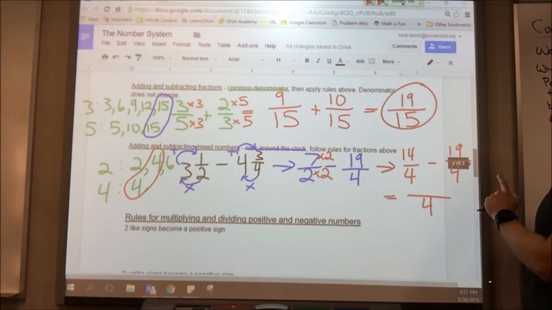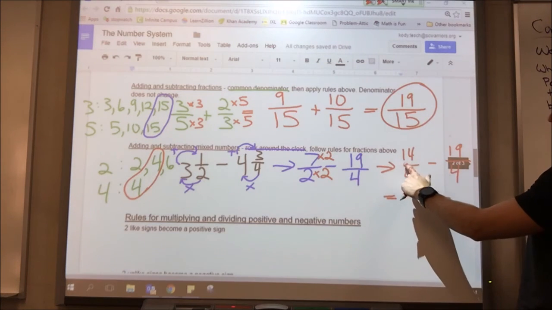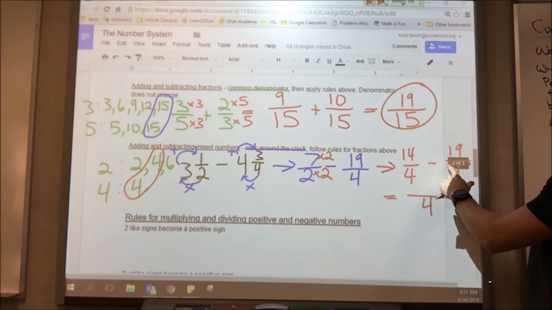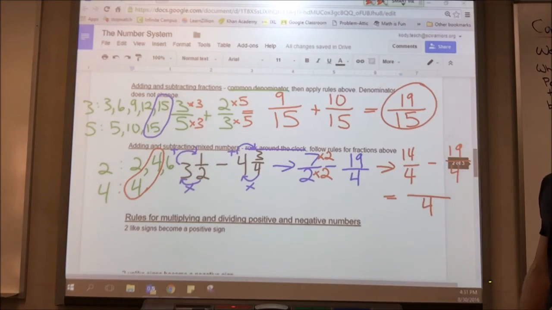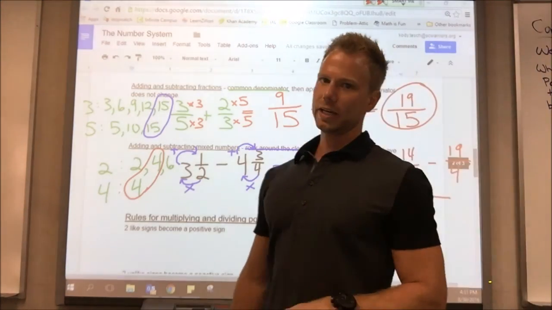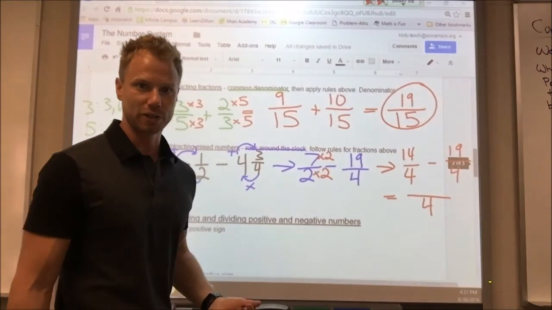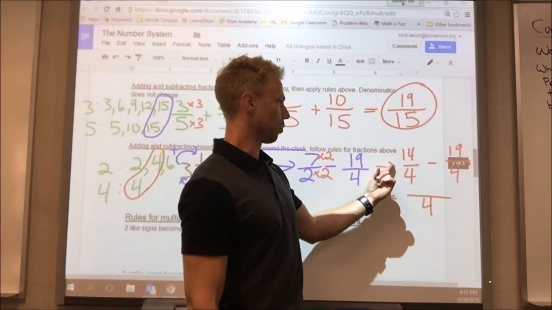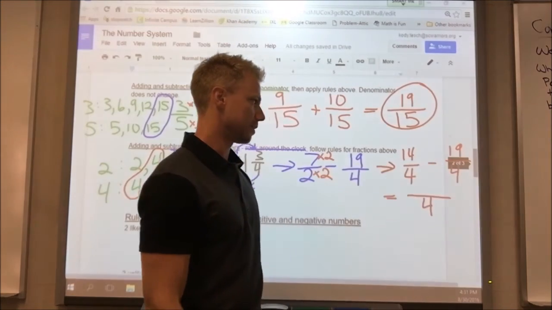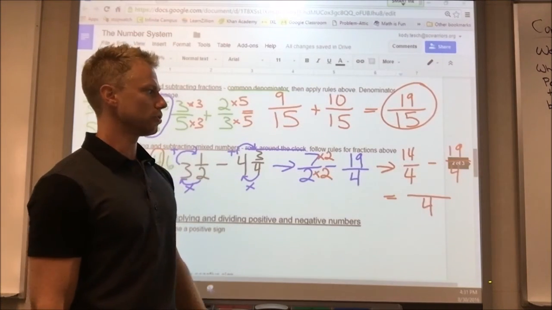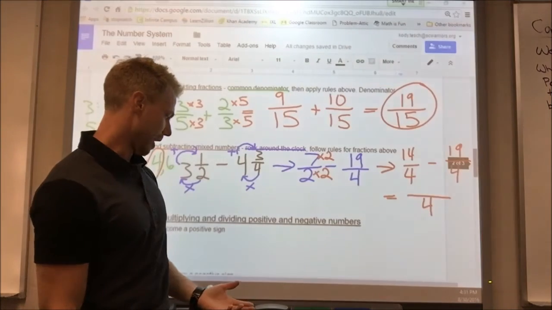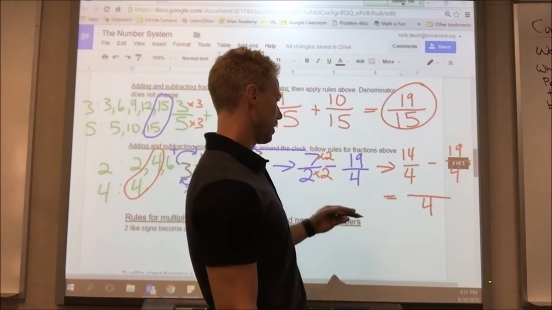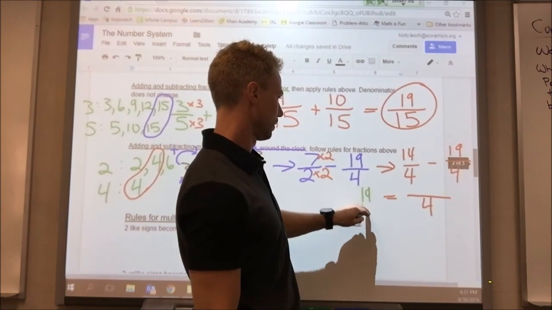But we have to apply our rules now. We have a positive 14 and a negative 19. Our rules say that we need to determine if they're like or unlike. They are unlike because 14 is positive and 19 is negative. So our rules say if they're unlike, we have to subtract. So let's subtract 19 and 14.